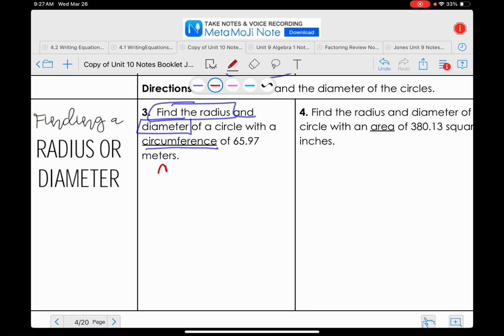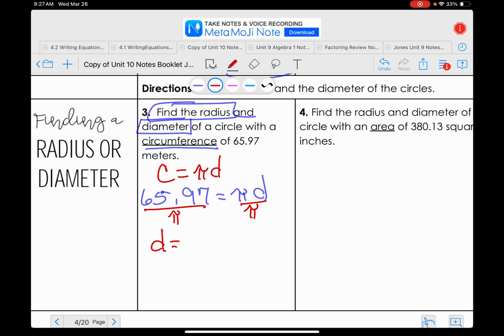So this one, I'm going to use pi times diameter. I don't know the radius or diameter, but I know the circumference. So I'm going to plug what I know into this formula. To solve that, I divide by pi.